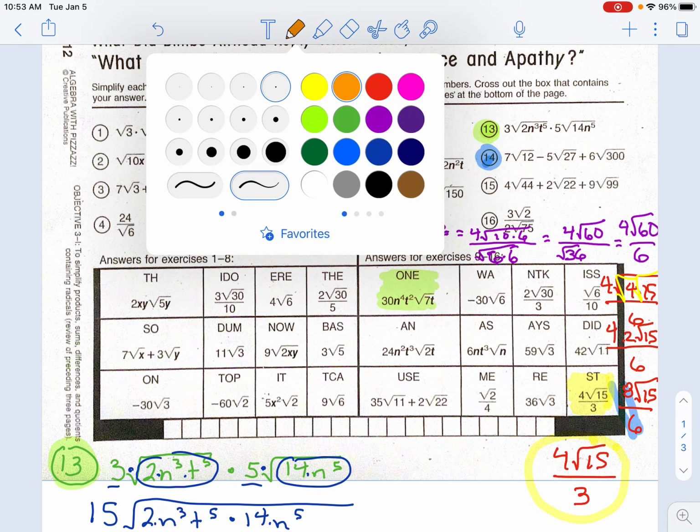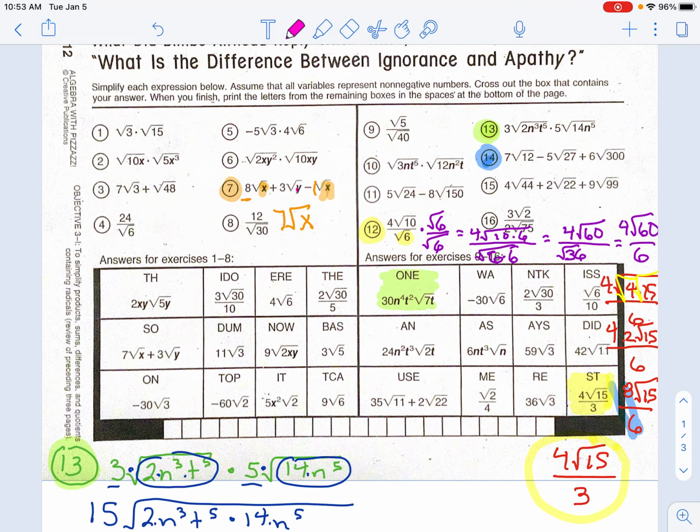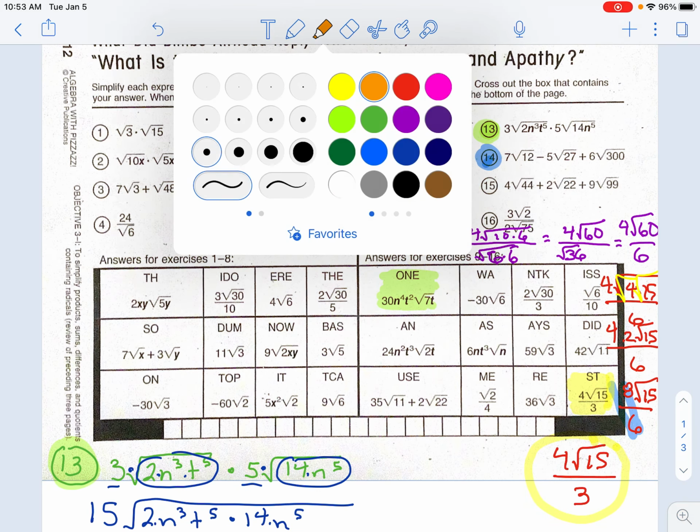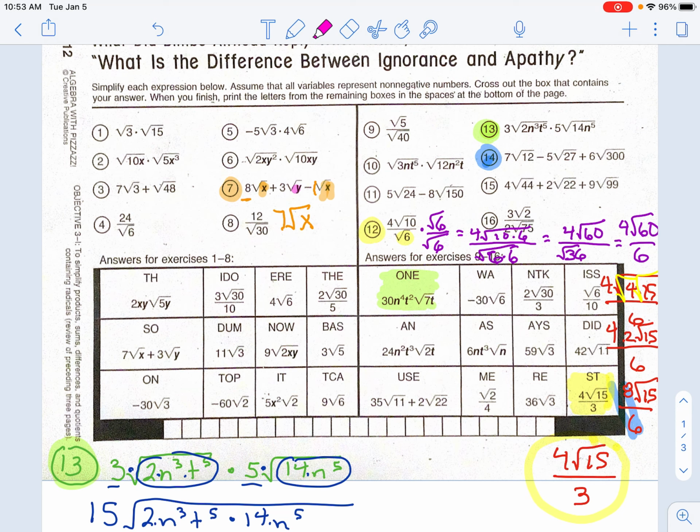Now, this other variable right here is a y, okay? And we cannot add or subtract or combine that because it's not a like term. So that just comes along for the ride, just like with variables. So that would just give us plus 3 square root of y, and combined that is our answer.